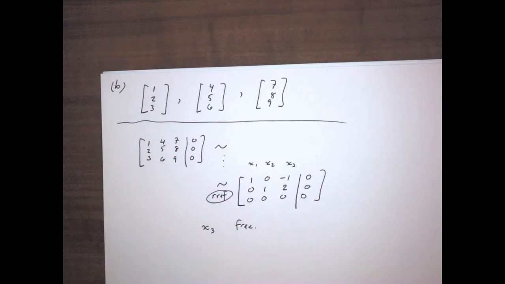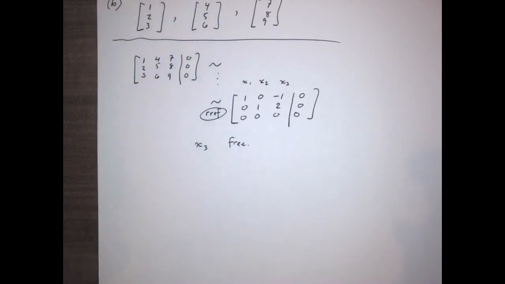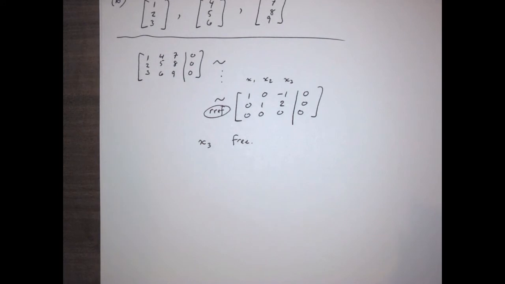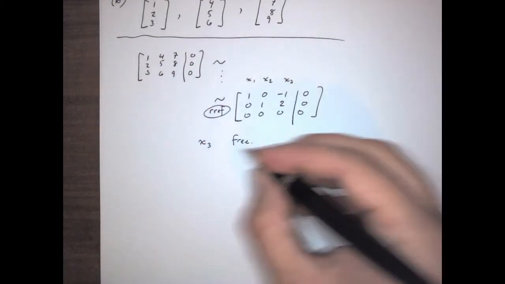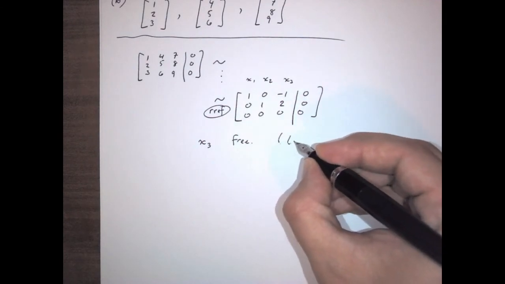That already answers the question whether these are linearly dependent or independent, but if we want to find a linear dependence among them, this is what we do. The x3 is free, which means that they are linearly dependent.